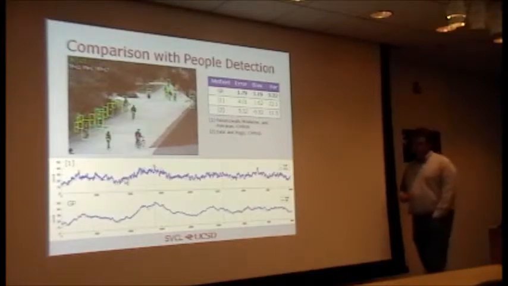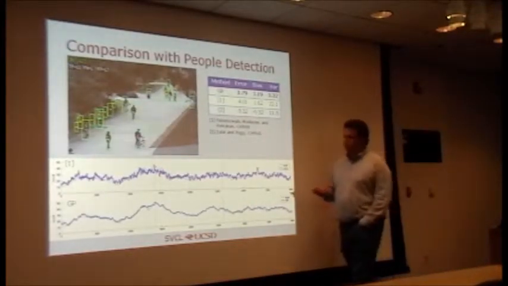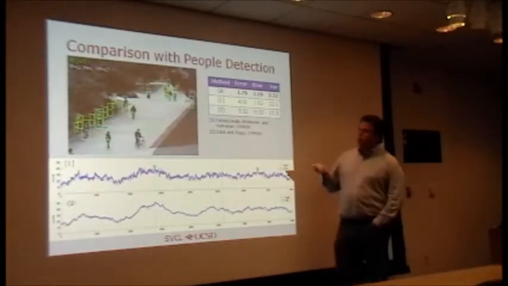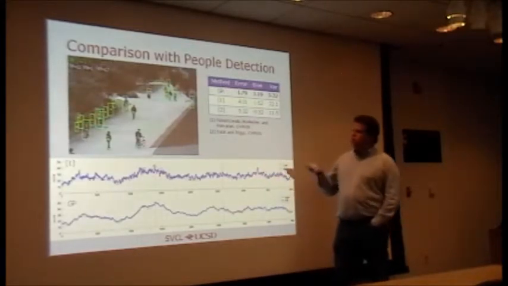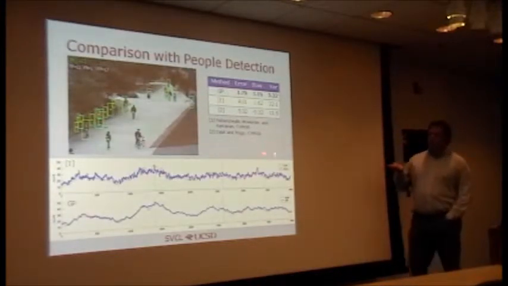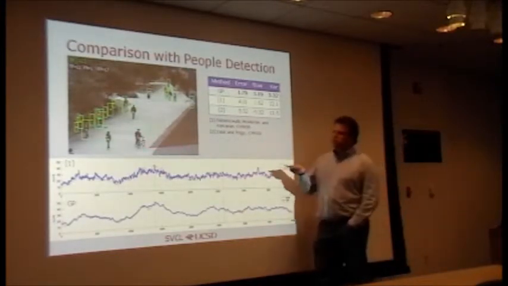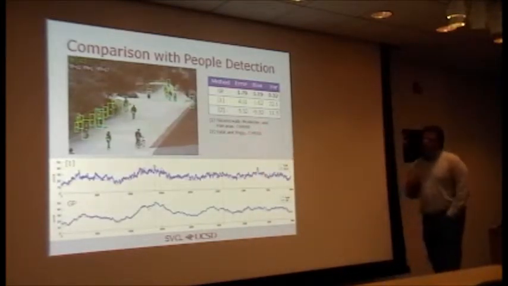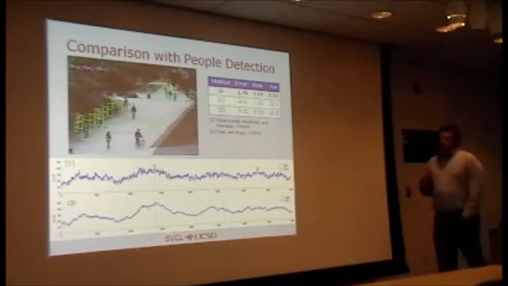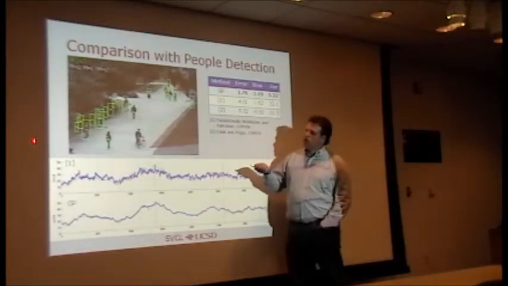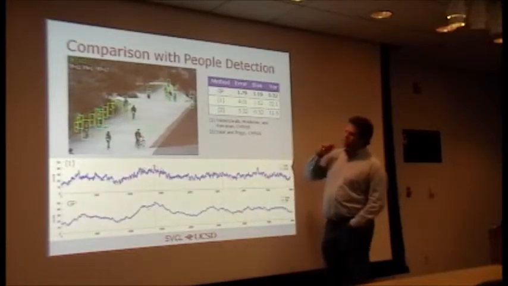Okay, so this is a comparison that we did in one of our papers, where we compare this to a pedestrian detector. How could we solve this by just using a standard pedestrian detector from the literature? We ran them through this data.